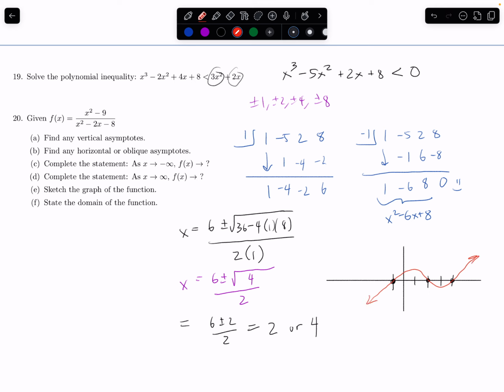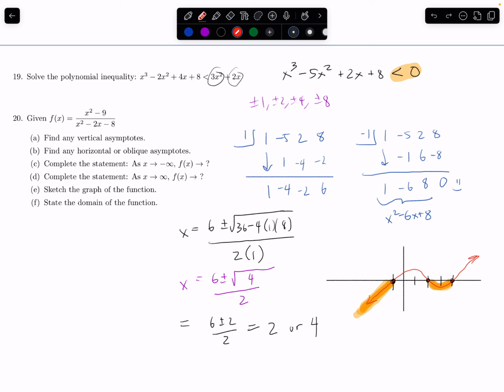Okay, and then I want to know when this thing is negative, because that was the original question here, right? Where is it negative? It's negative down here and in between over here. So here's the solution.